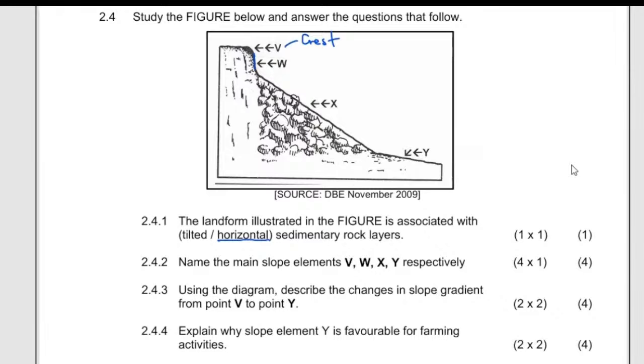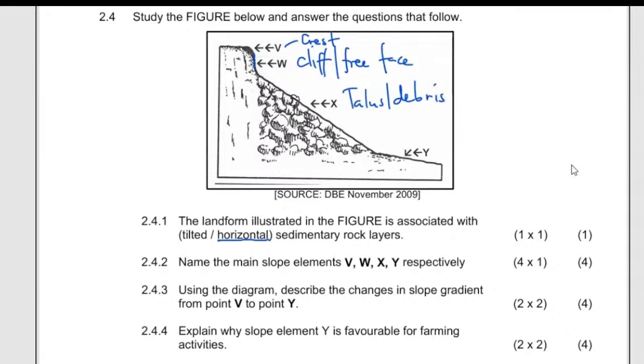We call this the cliff, or the free face. Then we get to the midpoint of our slope, where we have accumulation of material coming from the cliff. This is what we call the talus, or the debris part of the slope.